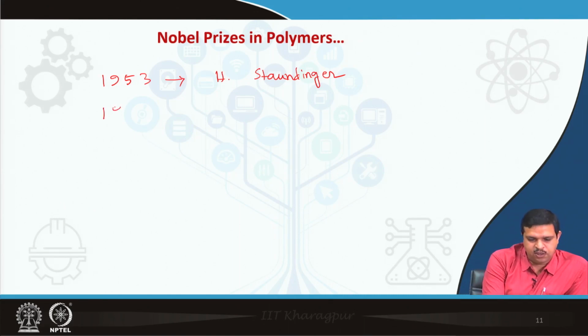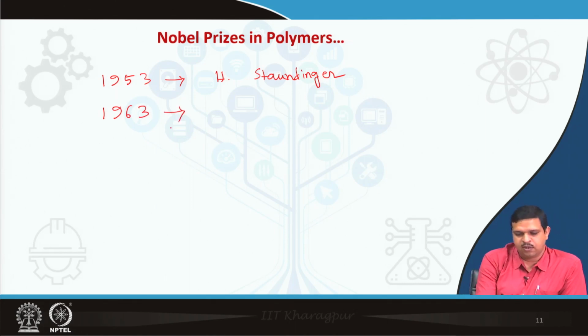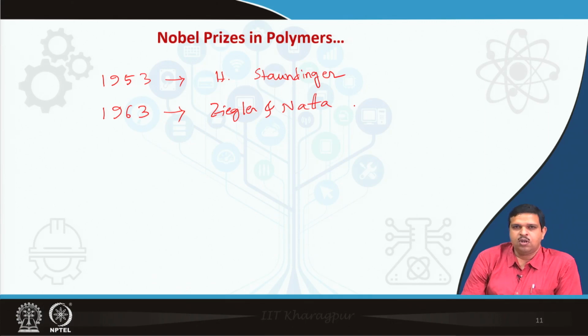Then in 1963, any idea who got the Nobel Prize? Ziegler and Natta, who discovered the polymerization by the Ziegler-Natta catalyst, which is basically TiCl4 and AlEt3, the aluminum alkyl and titanium chloride.